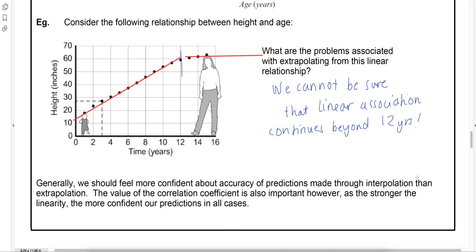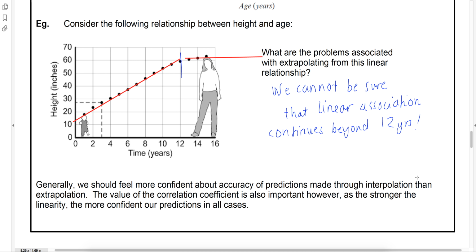And of course, we know with height, obviously your growth is going to slow. So we know that this particular line here is not going to continue up like this and keep going on forever.